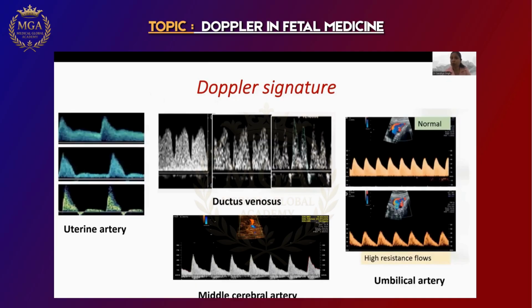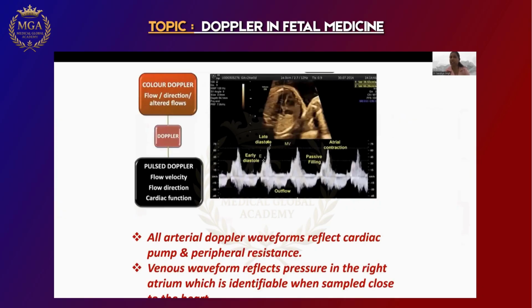So for now, you need to understand that in artery, there is a pulsatile flow, which has a systolic flow and a diastolic flow. In vein, normally it's a non-pulsatile continuous flow, but veins which are connected to the heart have a triphasic waveform. Okay. Having said that, let's understand how we do this Doppler scan.